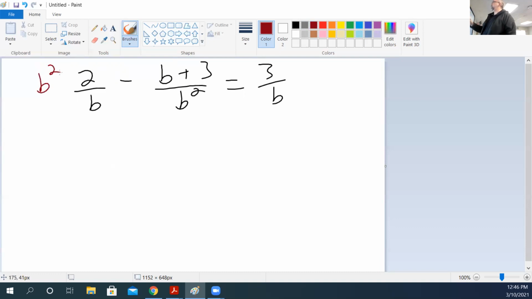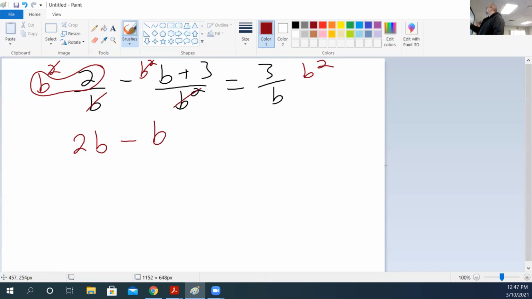So you multiply this one times b squared, and this one times b squared, and this one times b squared. Here b cancels that b, so there's still one b left, so 2 times b is 2b. b squared cancels that b squared, so you just have b plus 3. Let's put that in parentheses to remind myself to distribute the negative sign.